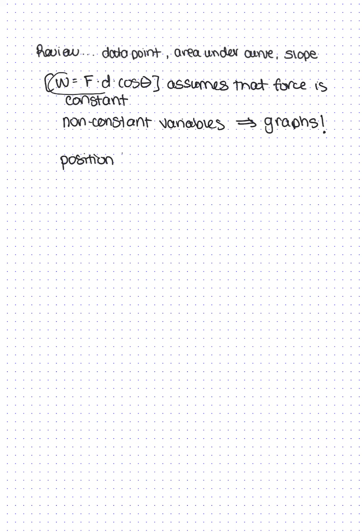So position versus force. And the setup for this one is such that a force is applied to an object resulting in the displacement shown. So it's not a story or anything like that. You just have a basic distance in meters. Sometimes you'll see it as X for displacement again.